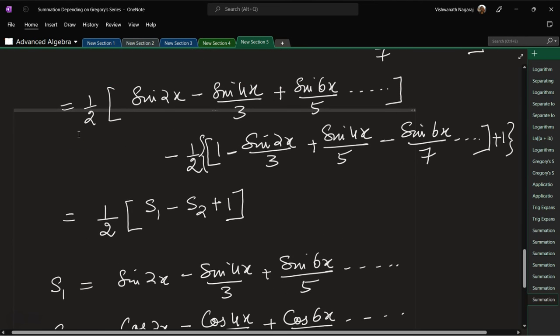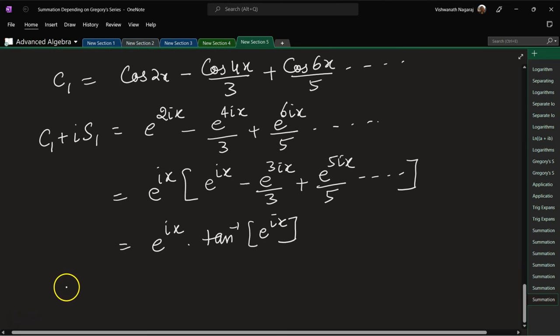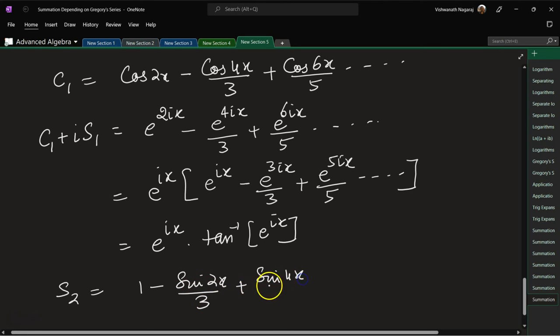Now the second series is what? The second series is 1 minus sine 2x by 3 plus sine 4x by 5 minus, so let's write it down. S2 is equal to 1 minus sine 2x by 3 plus sine 4x by 5 minus sine 6x by 7 and on and on.